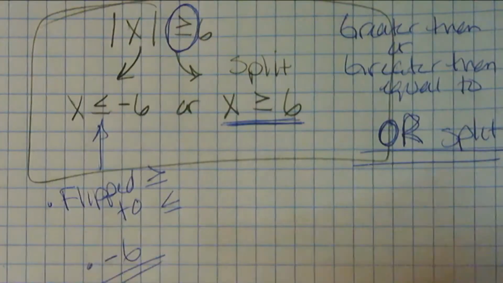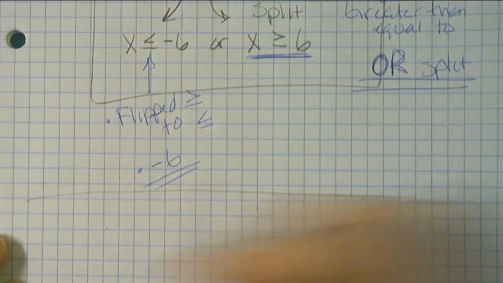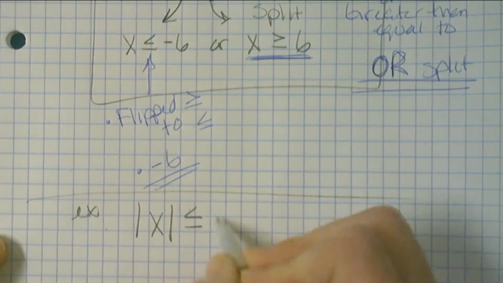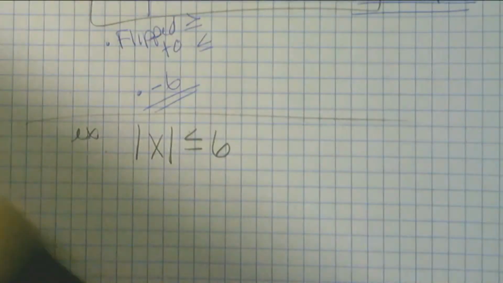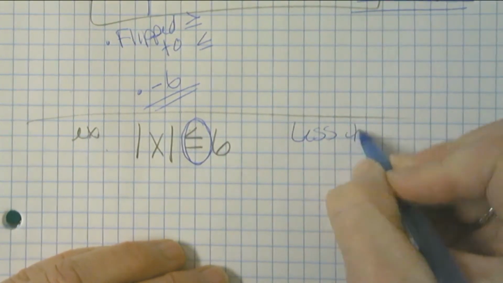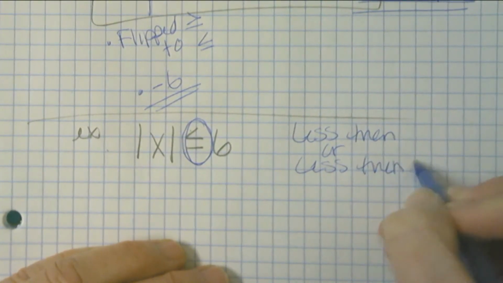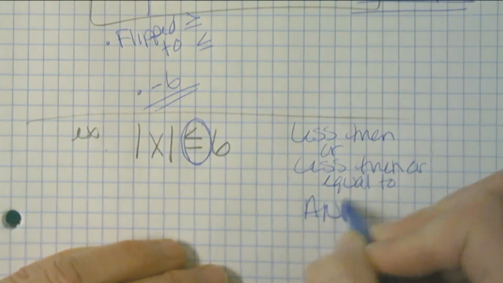All right, I'm not going to have you connect the graph to it. But let's look at one that's similar to that. Let's say the absolute value of x is less than or equal to 6. So when that inequality symbol is less than or equal to, this is always going to be an and.